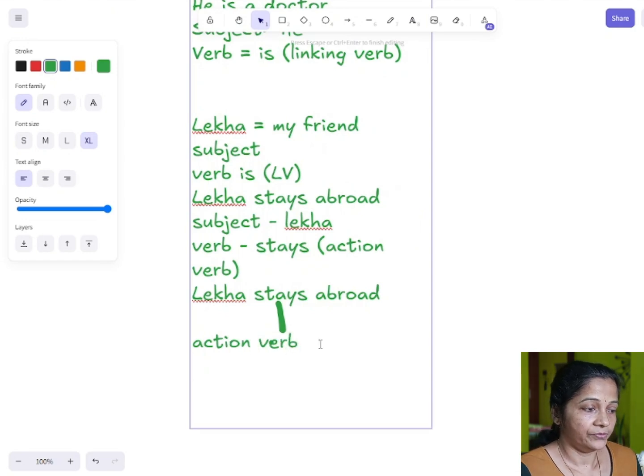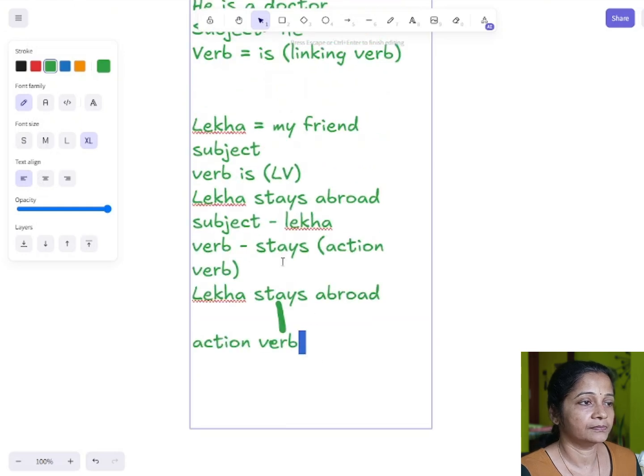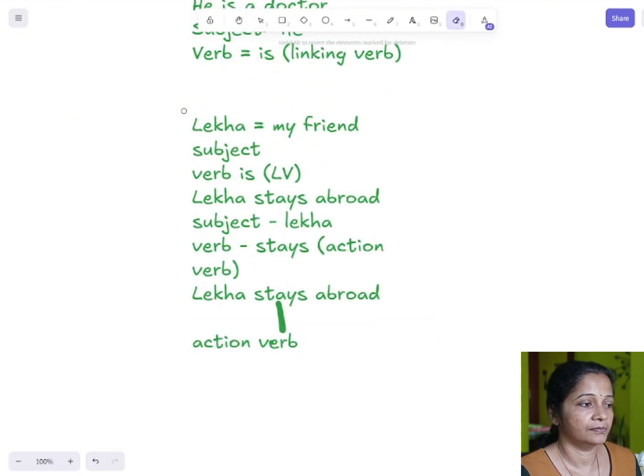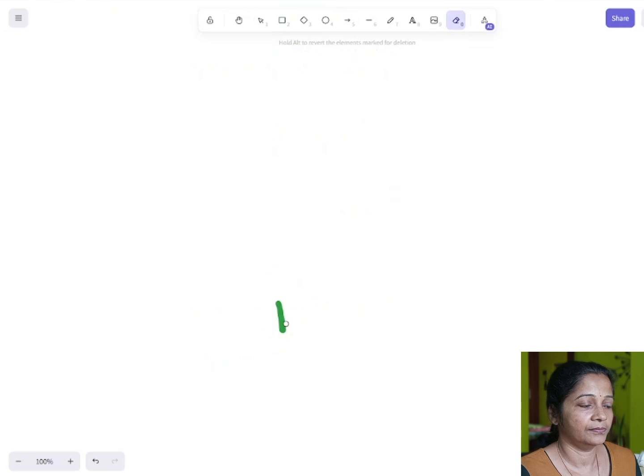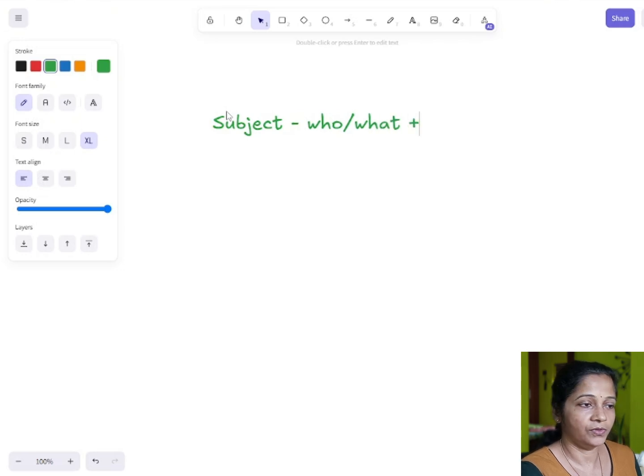So now it becomes very easy for you to identify action verbs. What all did you learn now? You can identify subject. Let's remove all this. Now just recollect, what did you learn? What is a subject? Subject is who or what plus verb.